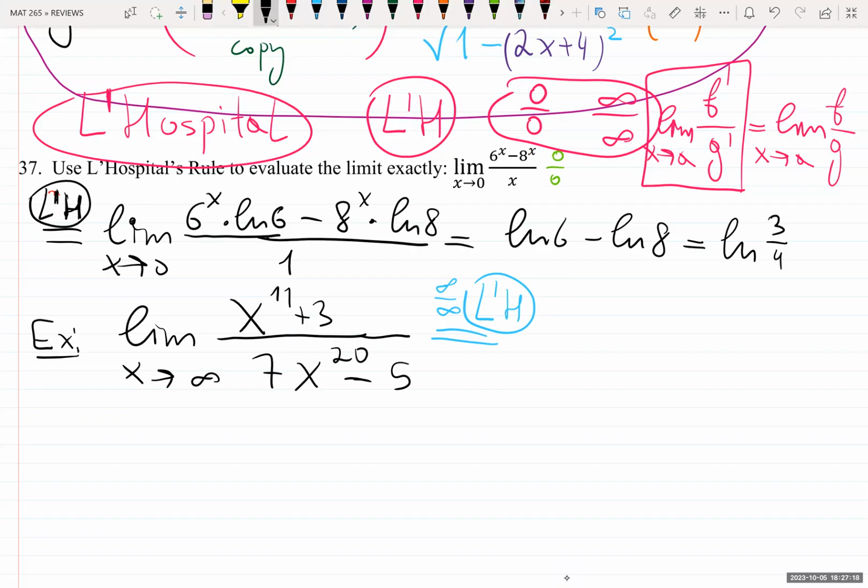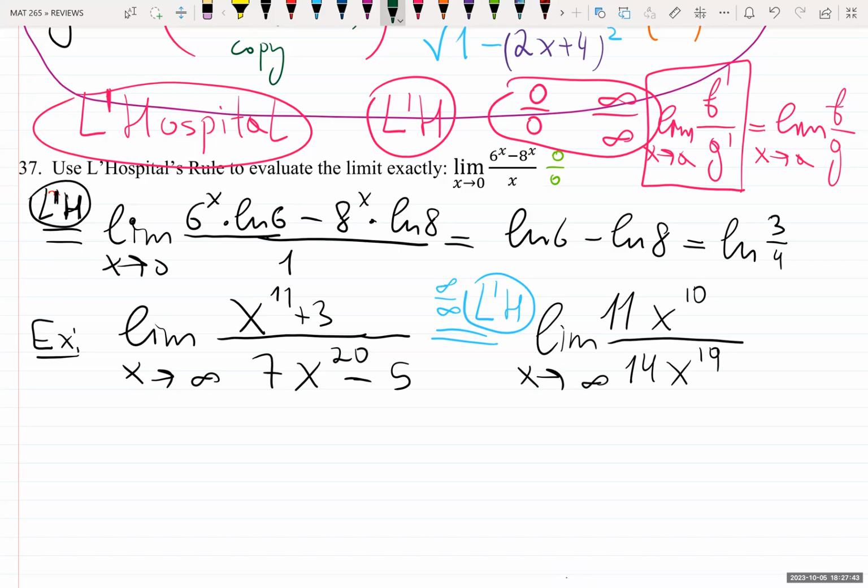L'Hopital rule says, don't worry, just differentiate the top and the bottom as many times as you want. If you keep having infinity, just keep going. 11 x to the 10 over 7 times 20, 140, x to the 19. And you're already done because now you just simplify a little bit. Don't oversimplify.